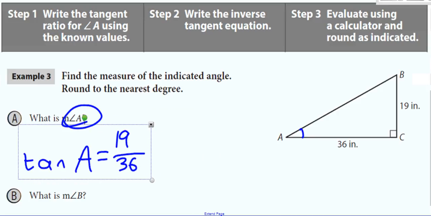Then you change that tangent ratio that we just wrote into the inverse tangent equation. So you flip around the numbers basically.